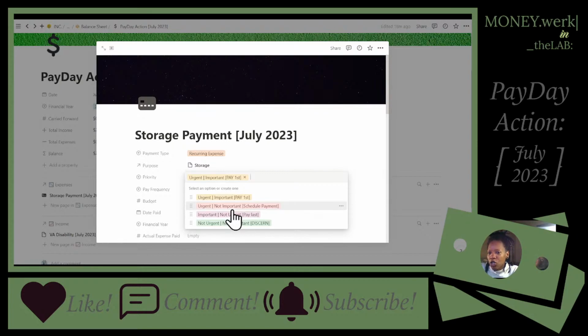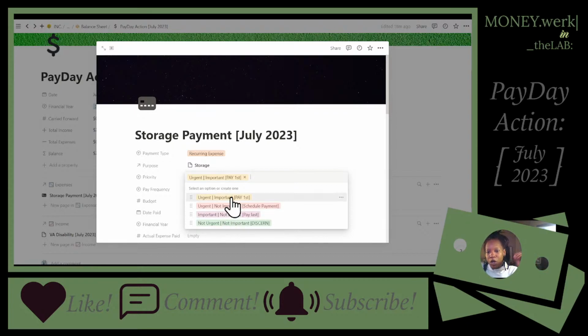Then urgent and important is because either one, it's going to come out on the first, or two, it's higher on the list of things in my pillar groups, if that makes sense, right?